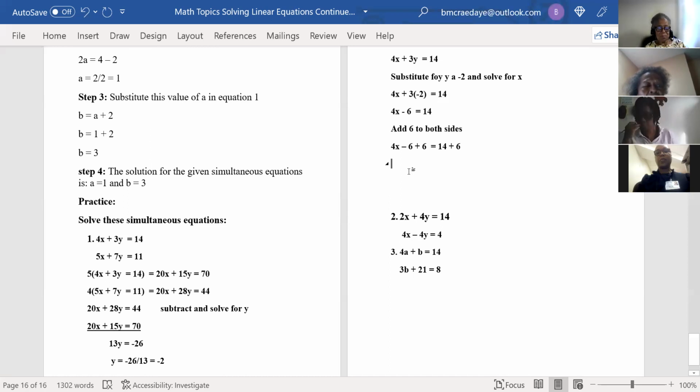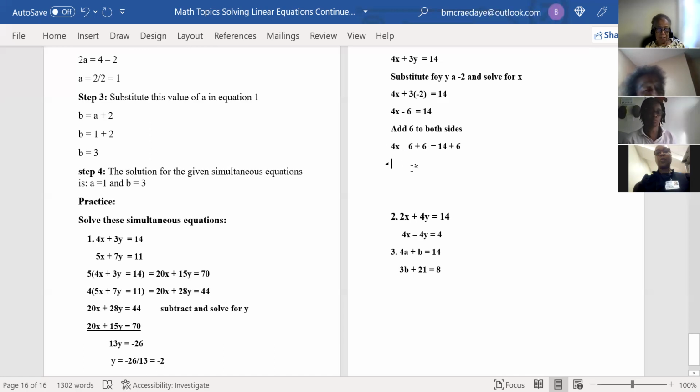A minus. No, a minus and a plus of the same number, or the same variable, or the same number variable combination gives you 0.